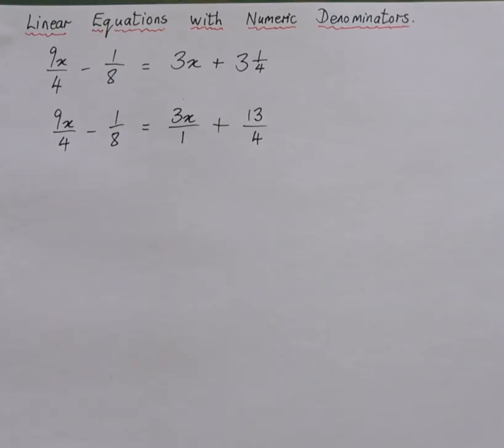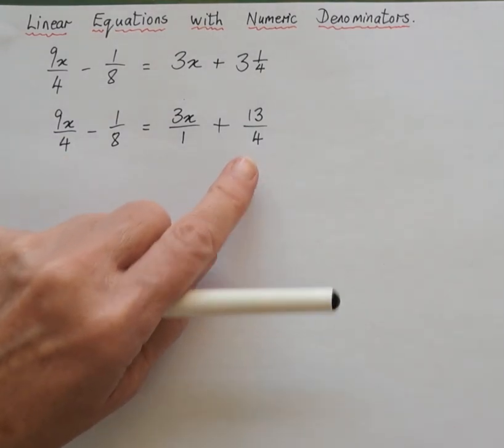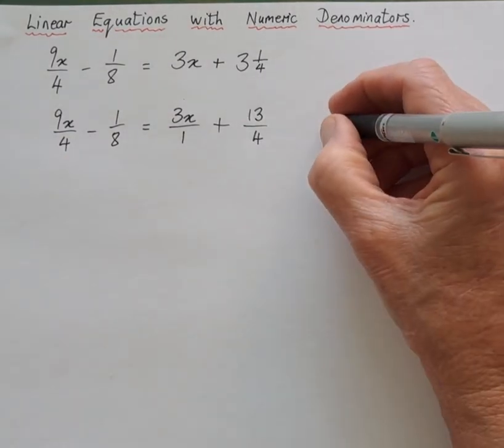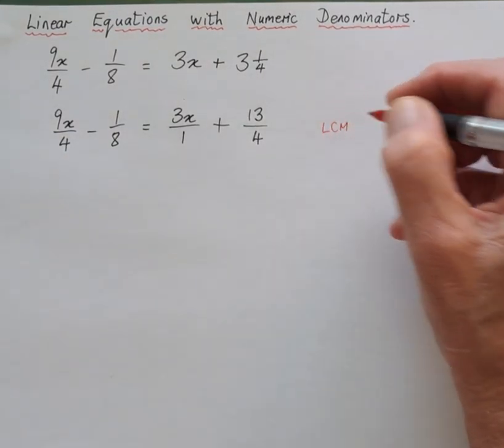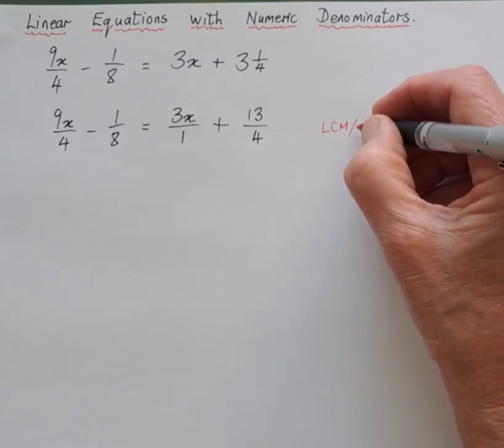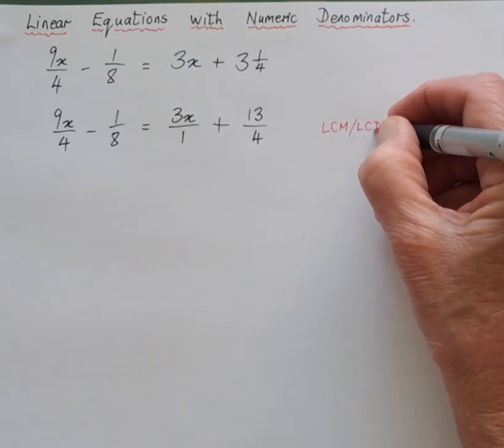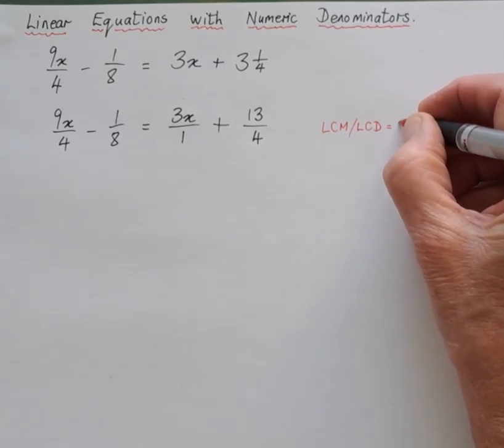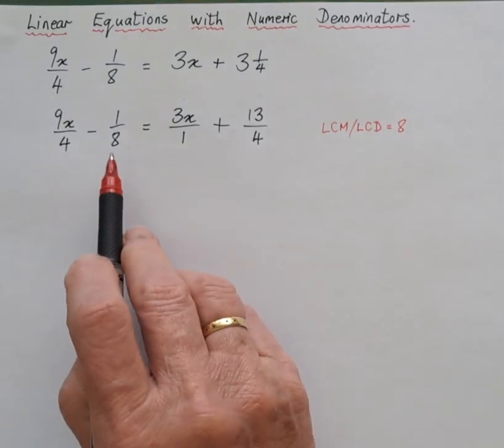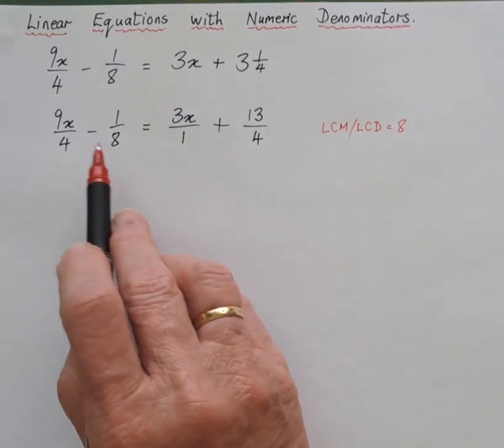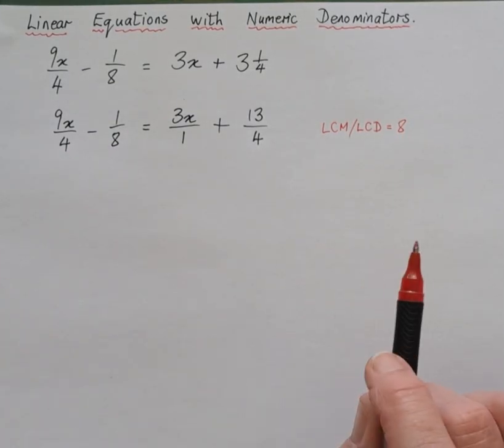So we need to look at our denominators now, and we've just got two types of denominators, a 4 and an 8. There's another 4. So I think it's very obvious that our LCM, or rather we would call it our lowest common denominator, is equal to 8. Because 8 can go into itself and 4 can also divide into 8 exactly.